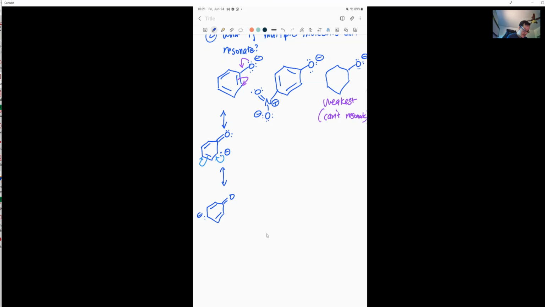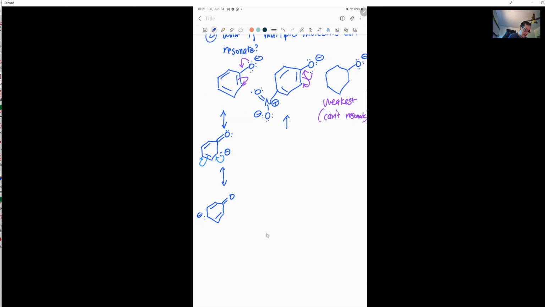If we look at the middle molecule there, it can resonate in the same ways. I'm going to redraw these double bonds so that they're identical so we don't have to worry about rotating things. Okay, there we go. Let's go ahead and do that. Yes, we can resonate onto that same carbon as the other one has.